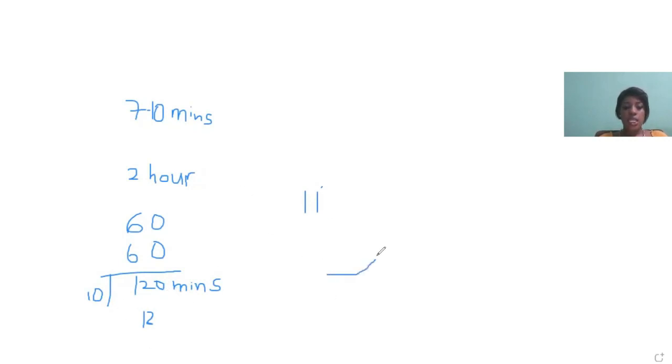Let's divide. So I'm trying 3 numbers. I'm going to try 9 into 120. I'm going to try 8 into 120 also. I'm also going to try 7 into 120 and see which one will give me the least amount.